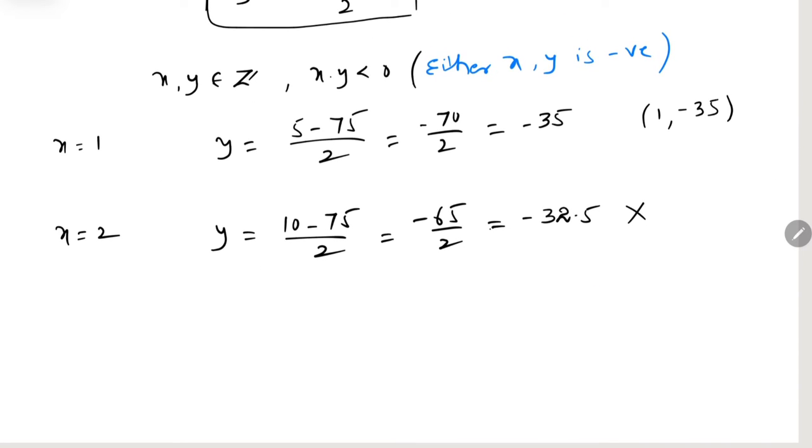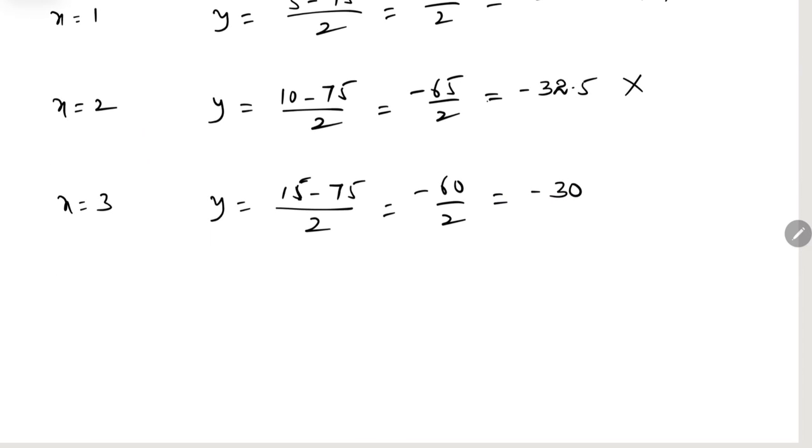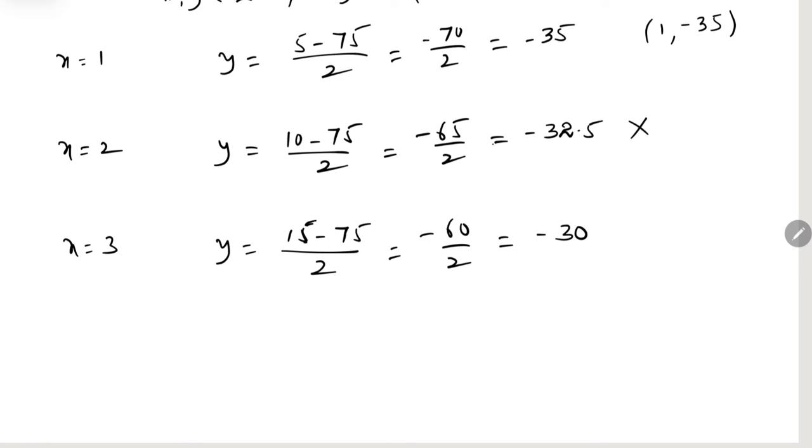Okay, so I'm taking x value 3. If I take x value 3, y is equal to 15 minus 75 by 2, so minus 60 by 2, answer minus 30. Now when we observe the pattern, when we take x value 1, we have 5 minus 75, so we have an even number, 70 by 2, which is divisible by 2.